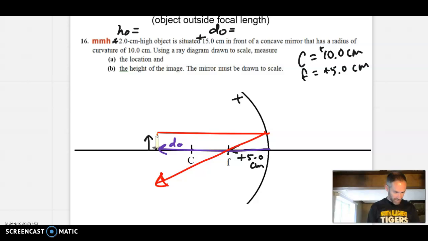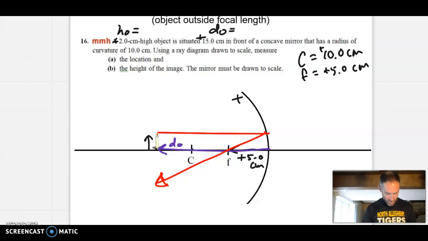Parallel ray. Now the focal ray is the one that leaves and goes towards the focal point. Now, on the last two examples, the concave one and the convex one, I couldn't actually get through the focal point. I just used the focal point to line up the ruler.